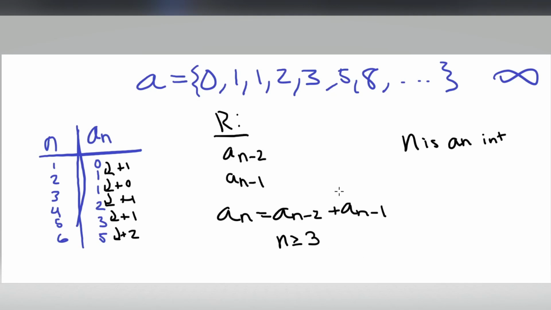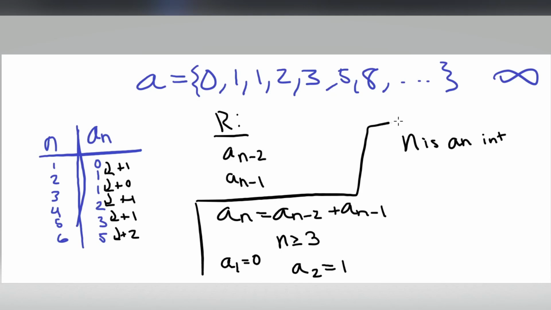Also, because this is recursive, we have to identify the previous values as a starting point. So in this case, you can say a of 1 is 0 and a of 2 is 1. These are the components you would need for a proper answer.